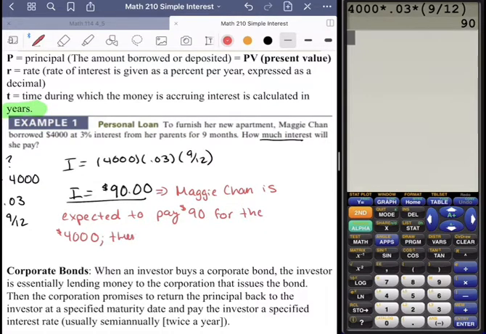Therefore, she will end up paying $4,090. Okay.